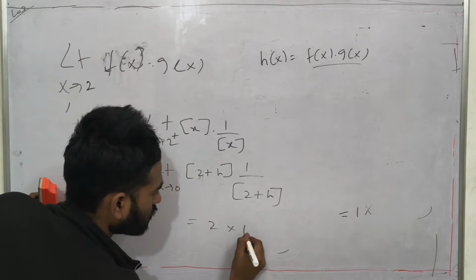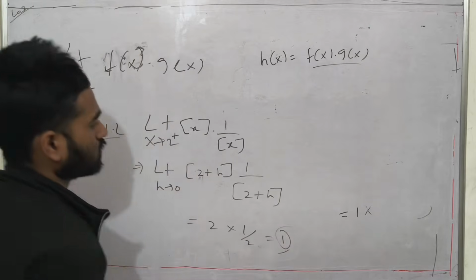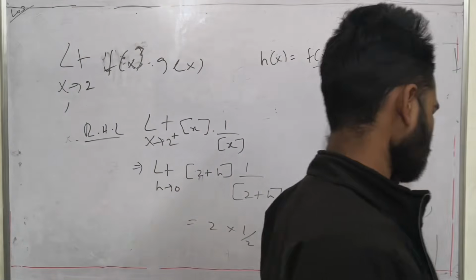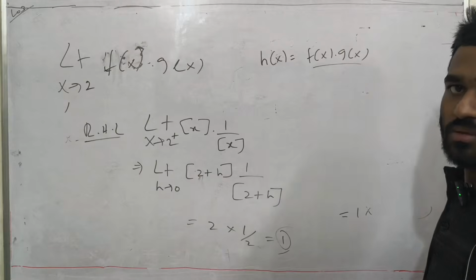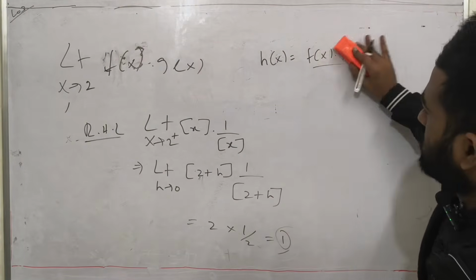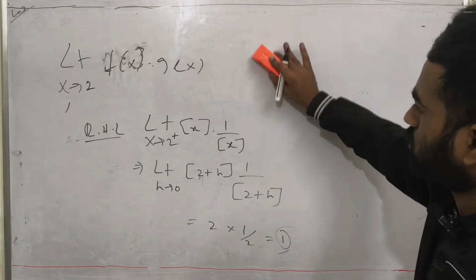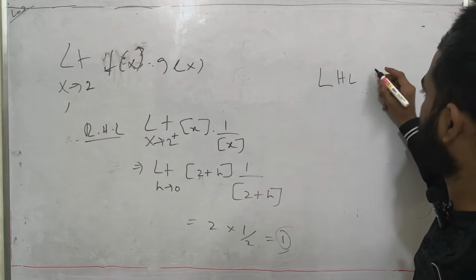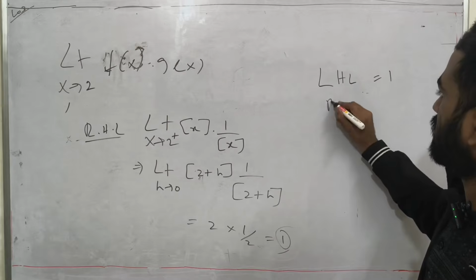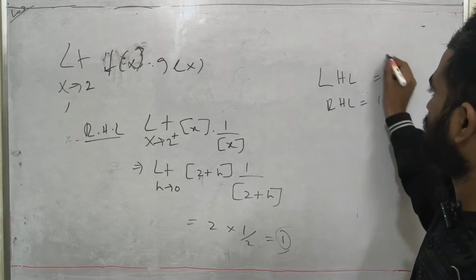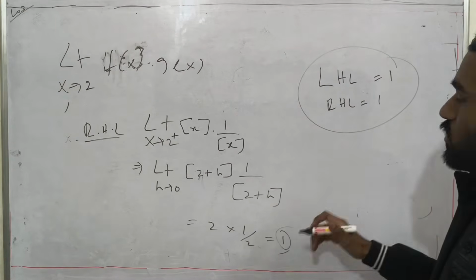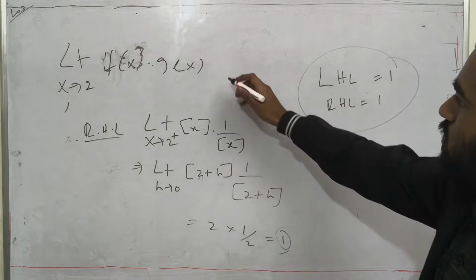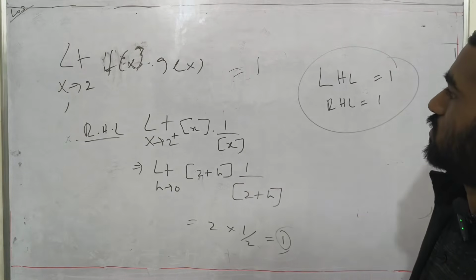This is 2 into 1 by 2, which equals 1. Okay, so what we got, left hand limit of h of x equals 1, right hand limit of h of x equals 1, and we can say the limit exists and that value is 1. So this answer is 1.